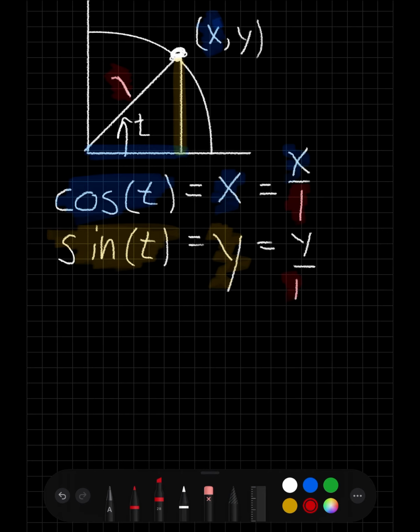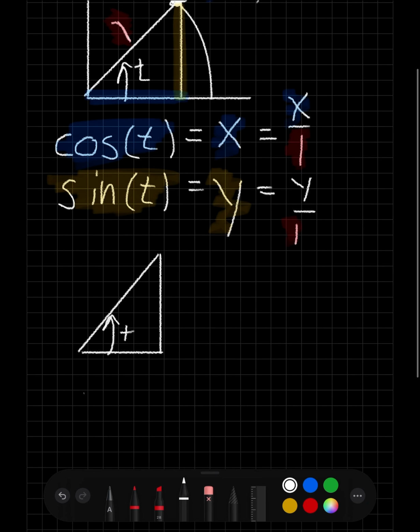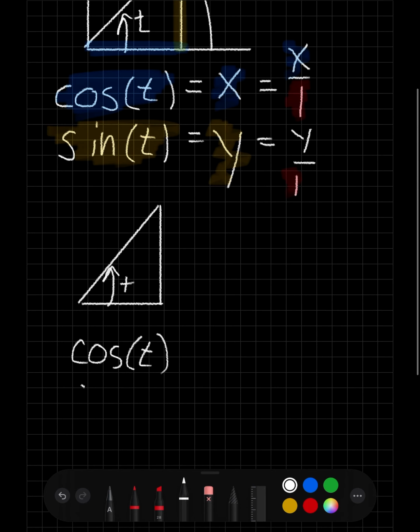So if I take away the unit circle from our triangle, I'm going to copy the same triangle here. It won't look exactly the same because I'm still working on my artistic skills. But imagine that it's exactly the same perfect triangle that I drew before. So we have the same angle t here. And we still want to know the cosine of t and the sine of t.